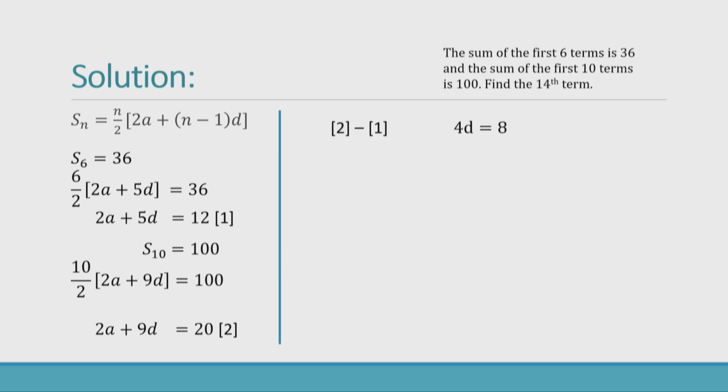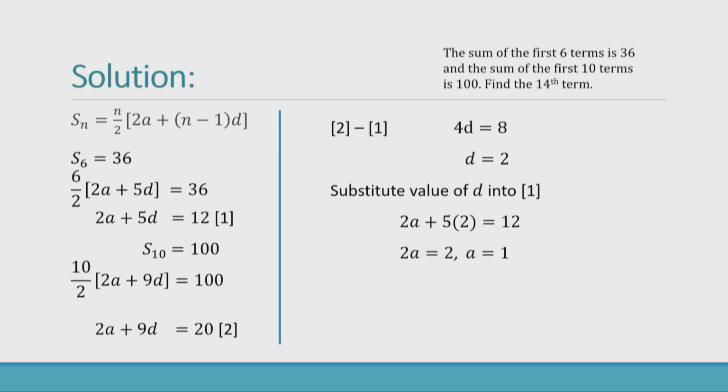Equation 2 minus equation 1 will give me 4d = 8 and d = 2. I substitute the value of d into equation 1. 2a + 5 × 2 = 12. This will give me 2a = 2 and a = 1.